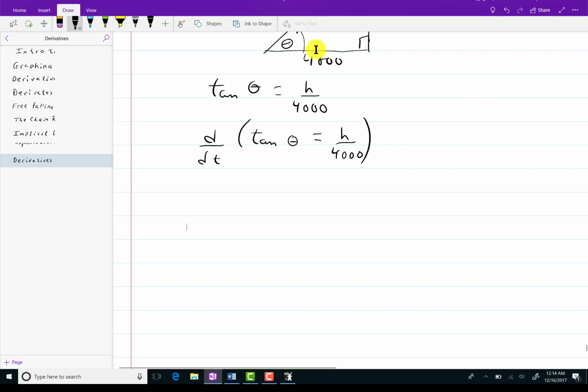The derivative of tangent is secant squared. So I get secant squared of theta times d theta over dt. That's precisely the thing we're looking for. And then I simply want 1 over 4,000 times dh over dt. And I know dh over dt, so let's see what we have.